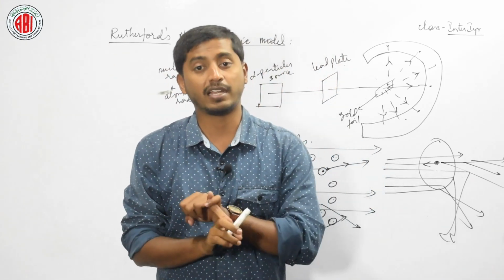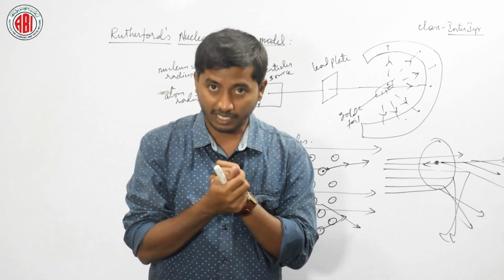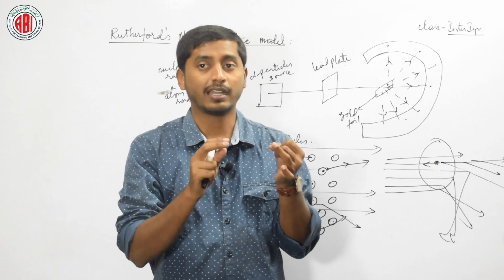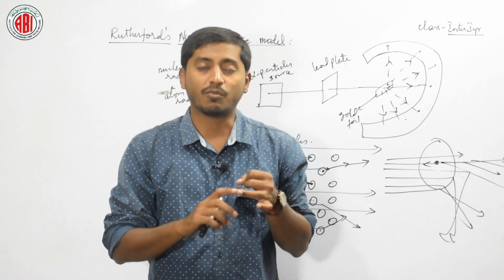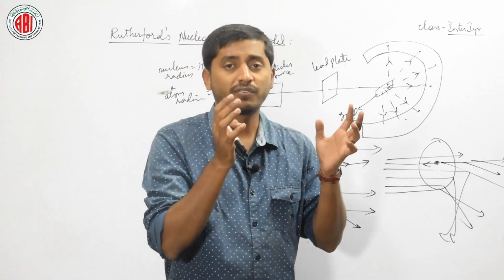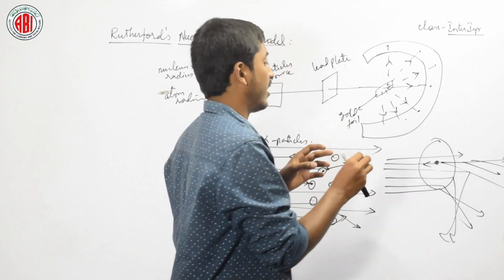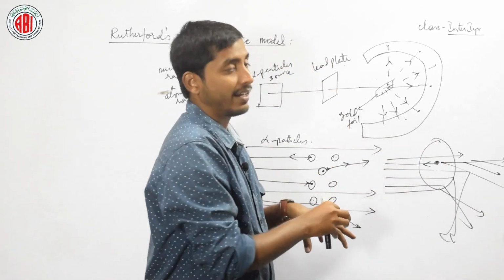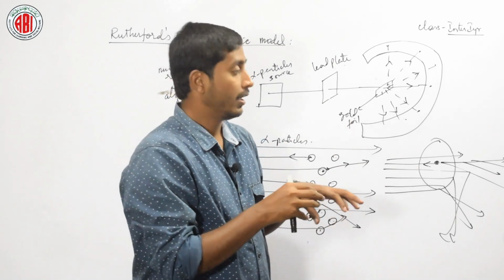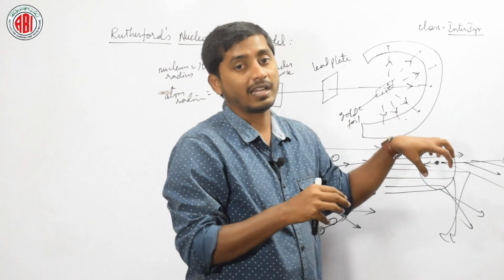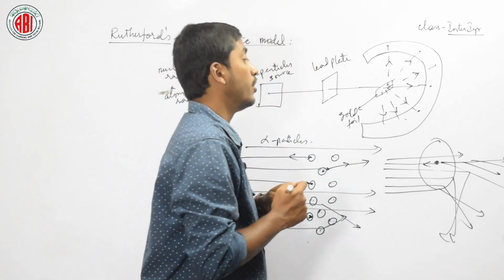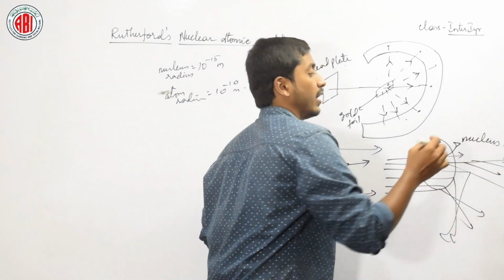Then the first postulate says that the positive charge and most of the mass of an atom is completely concentrated in a small portion of an atom. He is not telling that it is at the center, right. That particular small portion of an atom, he defines as the nucleus, right.